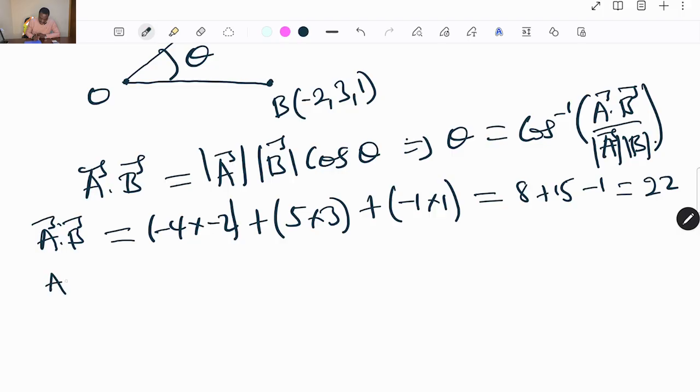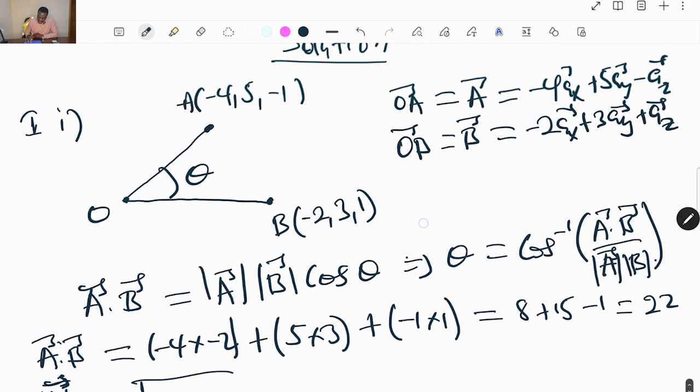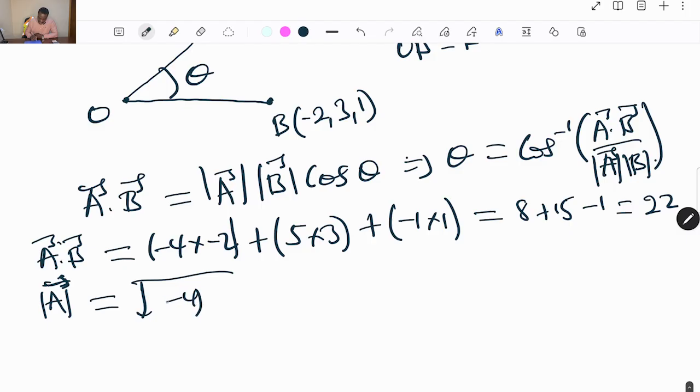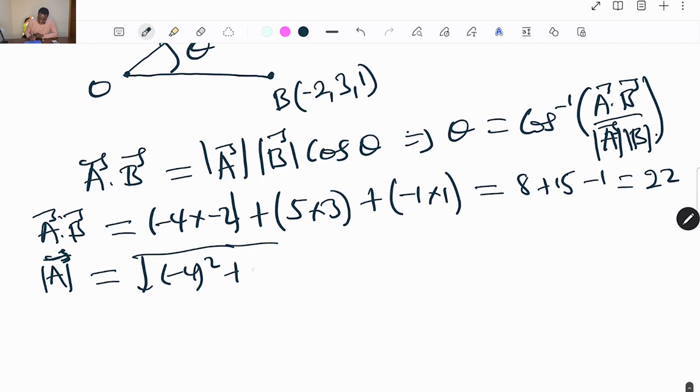Let's get the magnitude of vector A. The coordinates are -4, 5, and -1, so we get -4 squared plus 5 squared plus -1 squared. That will be 16, plus 5 squared, which is 25, plus 1.